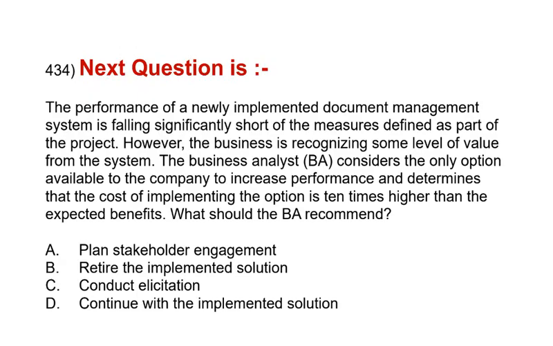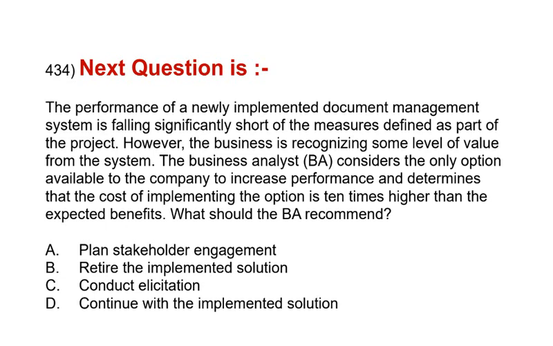Question is, the performance of a newly implemented document management system is falling significantly short of the measure defined as part of the project. However, the business is recognizing some level of value from the system.